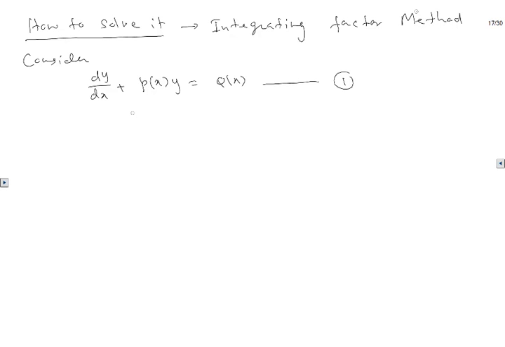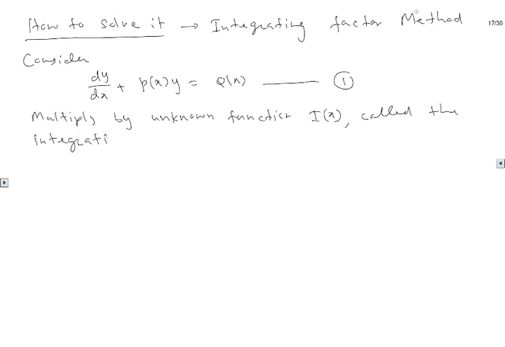So we're going to multiply by a special function, an unknown function I(x), so that it makes it like that. We call I(x) the integrating factor.